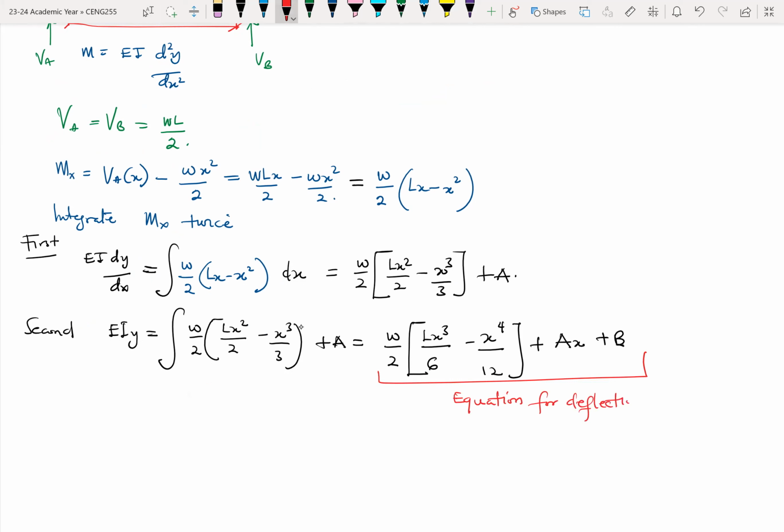Okay. So here we have these constants A and B, and we need to know what these constants are. To determine the constants, we need the boundary conditions.